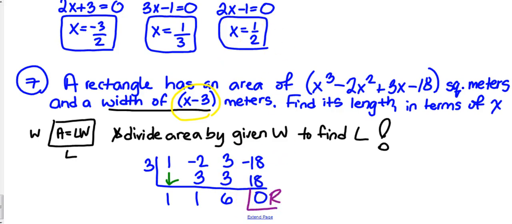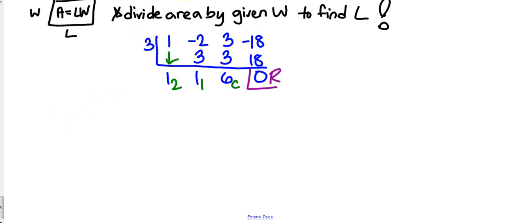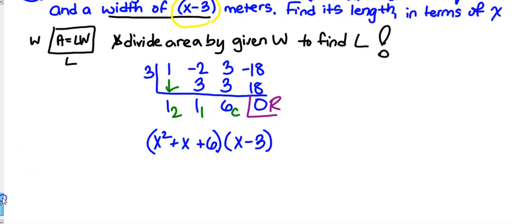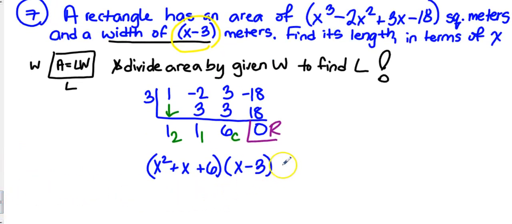Here's my remainder. Let's go backwards with our labels. Constant, 1, 2. What is the resulting quadratic? You've got x squared plus x plus 6. And I'm not going to set this equal to 0.